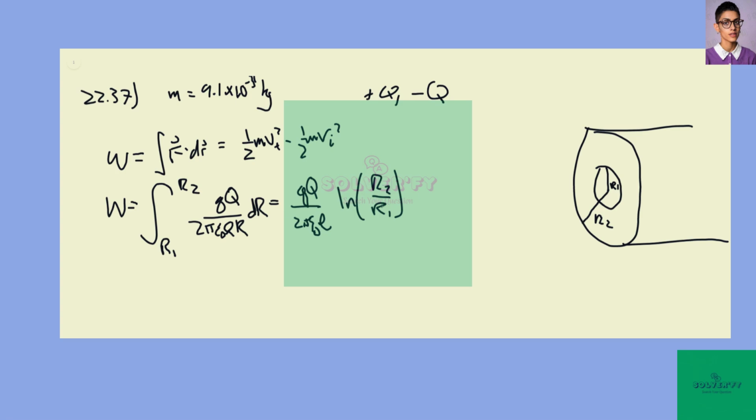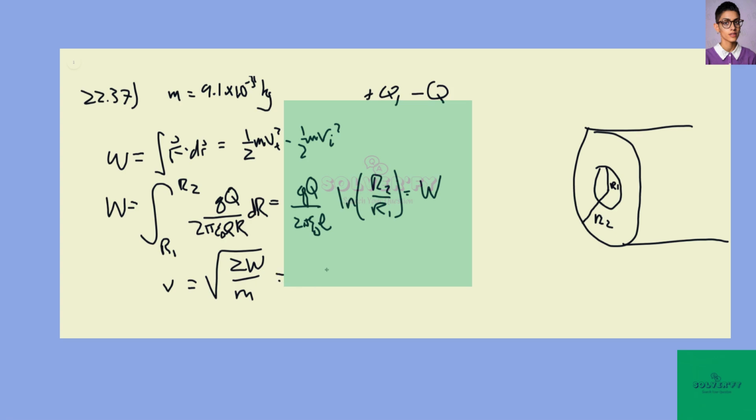So this equals work, and we're trying to figure out what our velocity is. If we take the initial velocity to be 0, then we know that our velocity is given by the square root of 2 work over m.